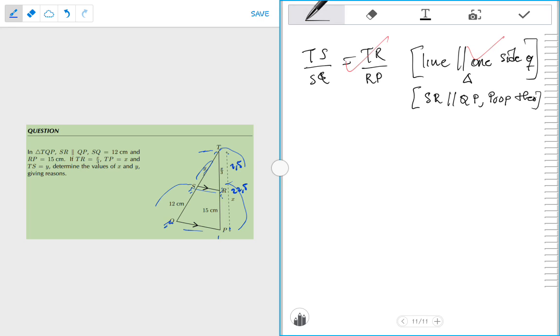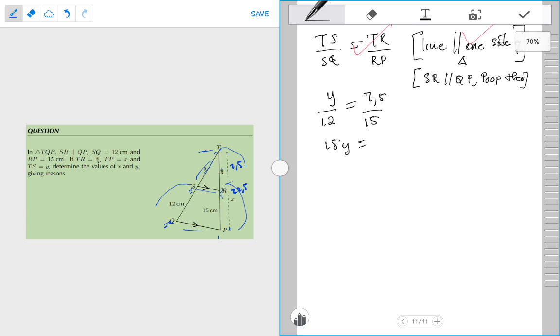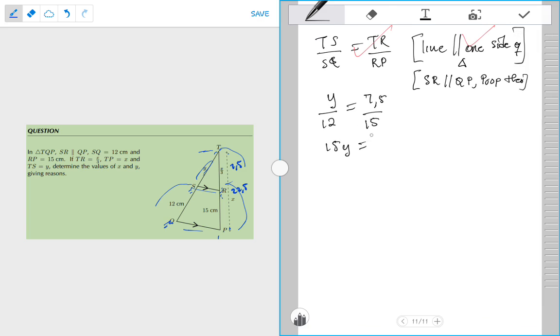And then, what is TS? Our TS is Y, and SQ is given as 12, and TR is 7.5, and our RP is 15. Then cross multiply: 15 Y is equal to 12 times 7.5.